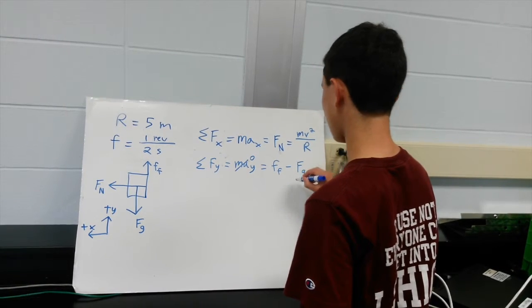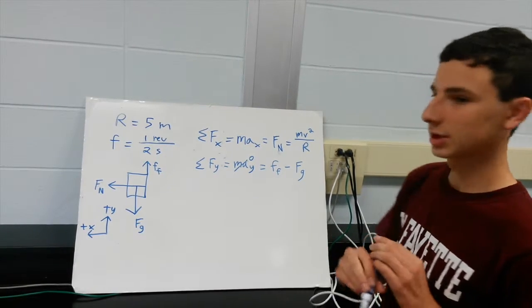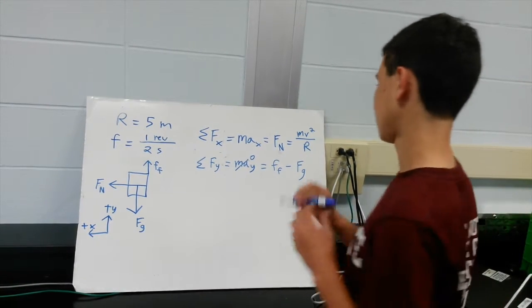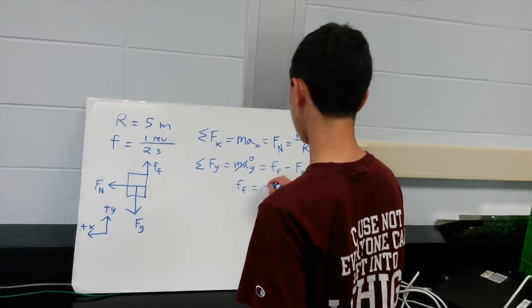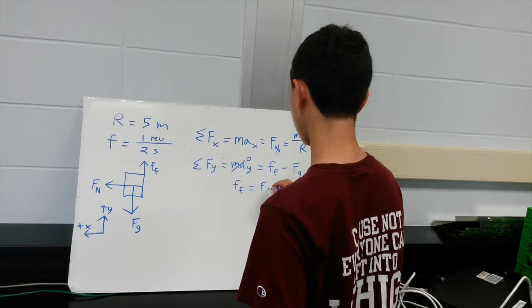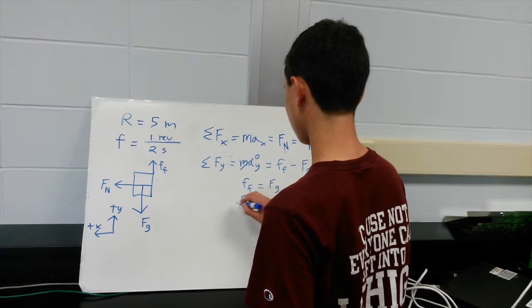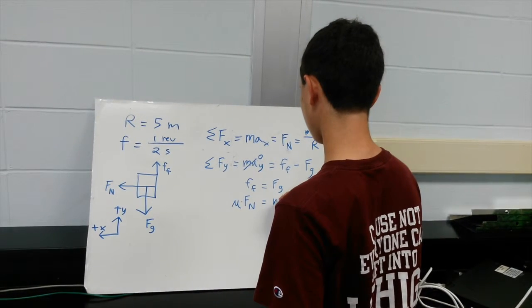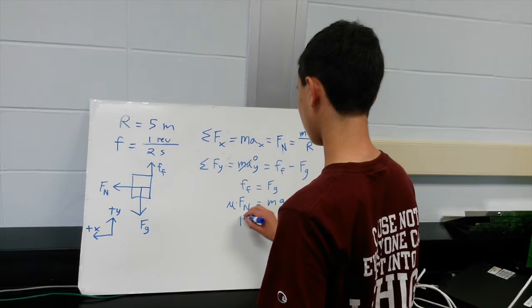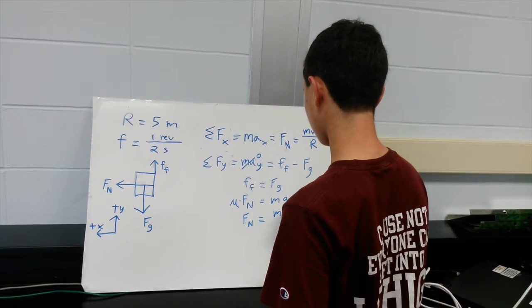The forces you have in the Y direction are the force of friction and the force of gravity, so the force of friction minus the force of gravity equals zero. Force of friction equals our force of gravity, and force of friction equals mu times normal force. Now we've isolated our normal force: normal force equals mg over mu.